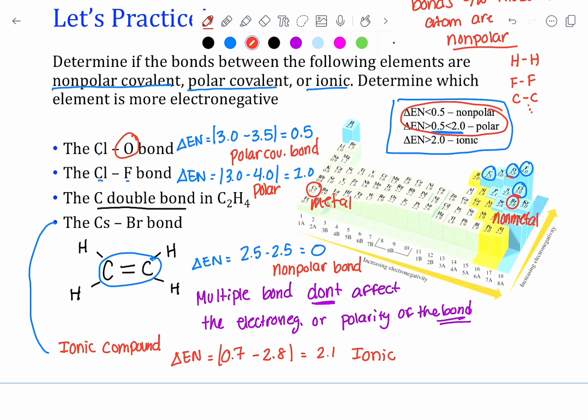It's almost like a hierarchy. We first have to determine covalent or ionic, and then we can go into type of bond, which would then be nonpolar, polar, or ionic. If it is ionic, the only type of bond that it can be is ionic.